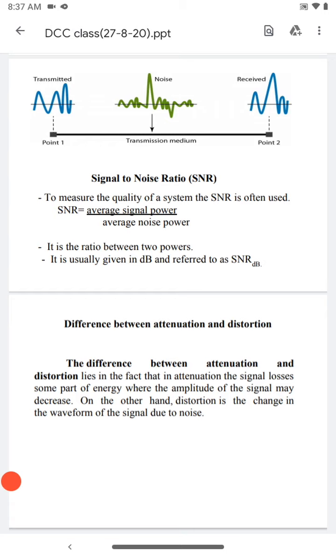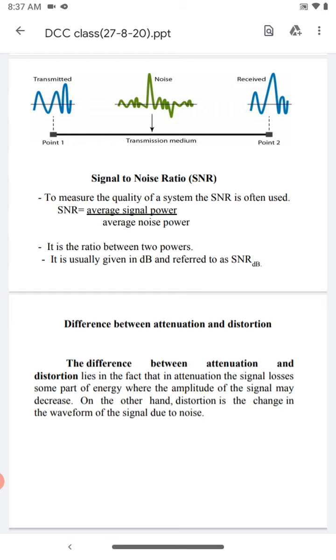When you compare these two signals, the transmitter signal and the received signal, they may change. Why? Because when you send the signal through the transmission medium, some noise will be added. So they are different.